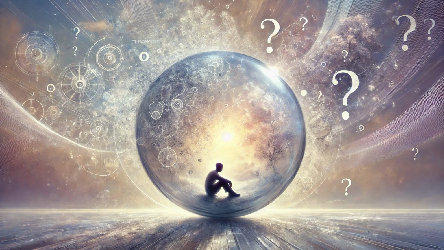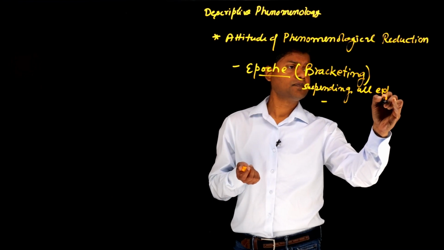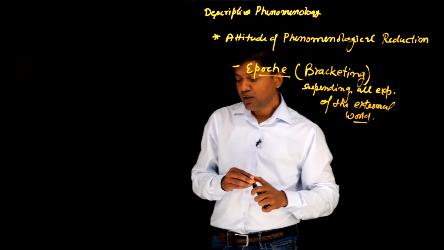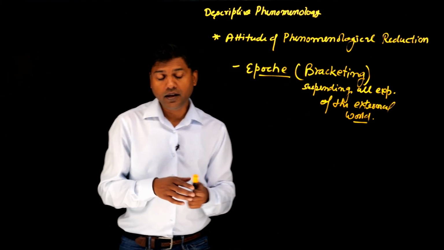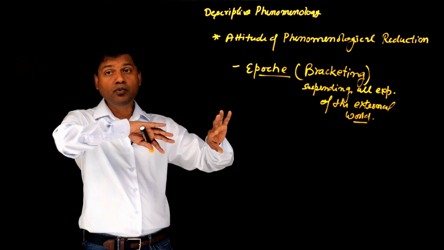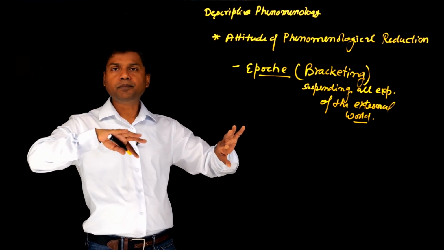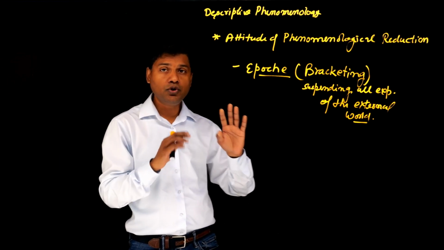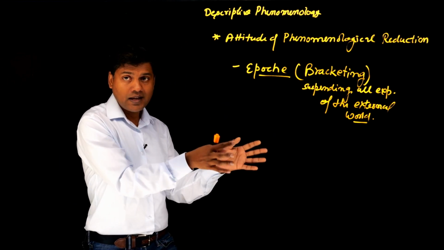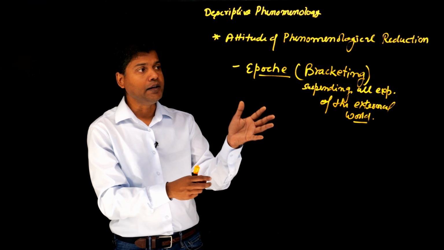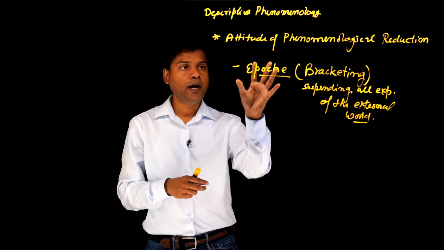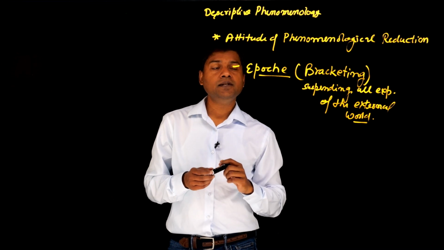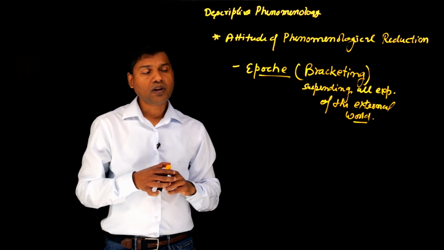So suspending all experiences of the external world. When you are observing anything, the first thing is that you need to suspend all your prior experience about the external world to see the object as it is. That was the idea of bracketing or epoch that Husserl propounded, and it is used in descriptive phenomenology.